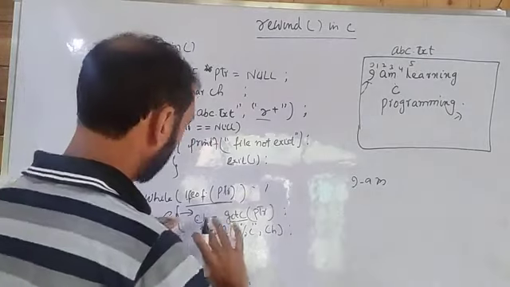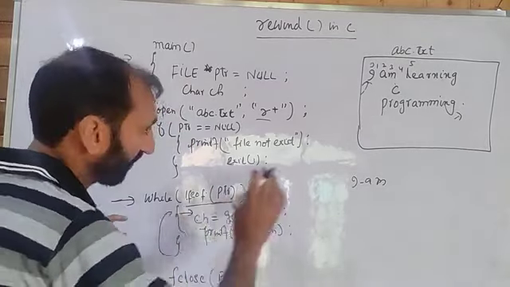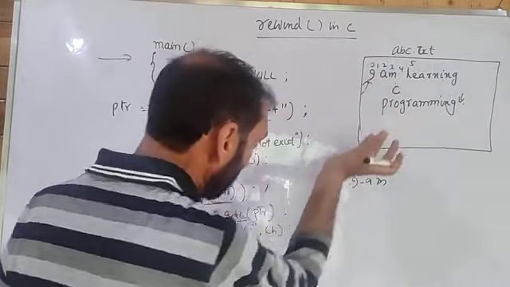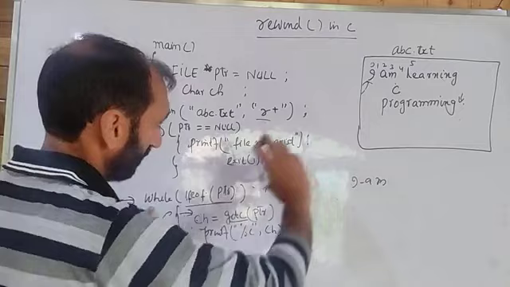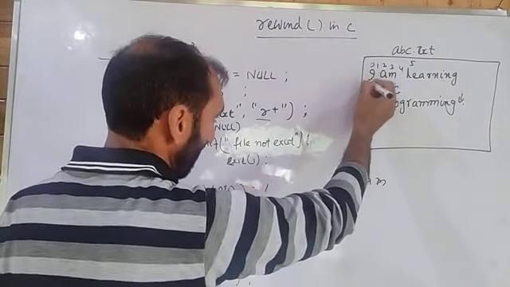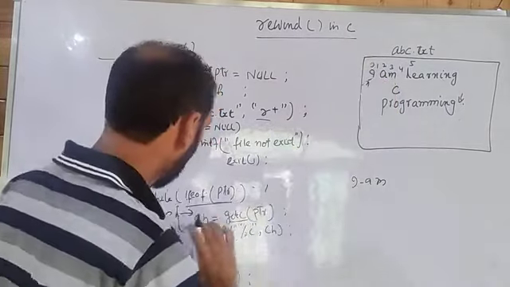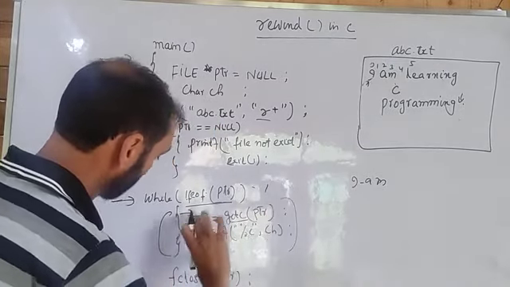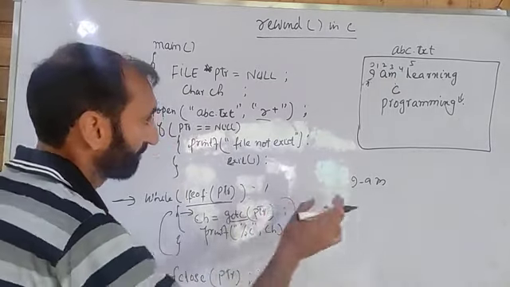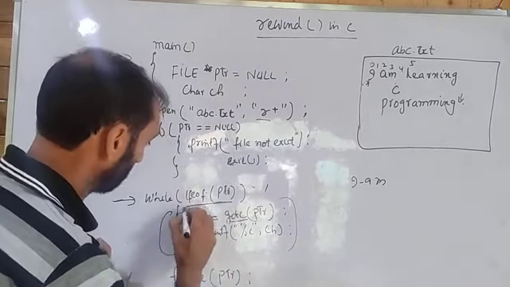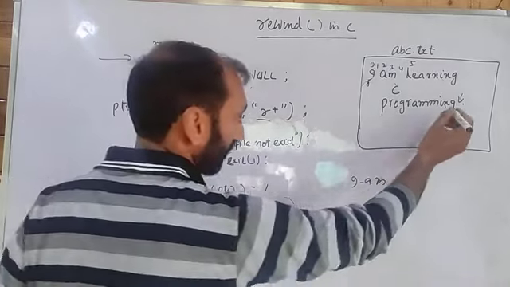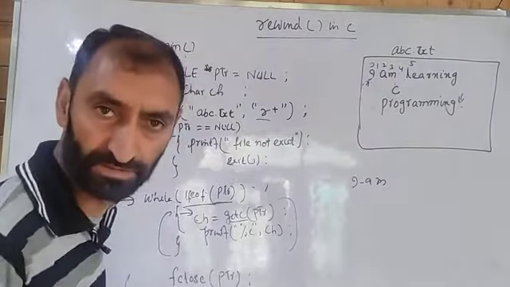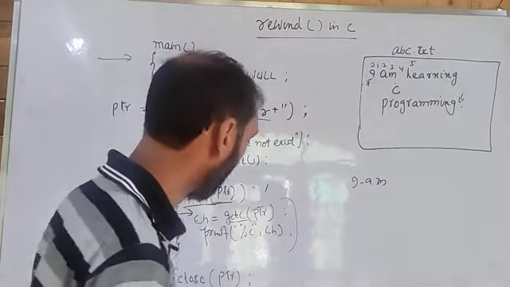But now after reading this complete file, the cursor will be at the end. When we started this while loop, obviously the file pointer was at the 0th index, and after executing these two instructions, this while loop, the file pointer will be at the end of the file.